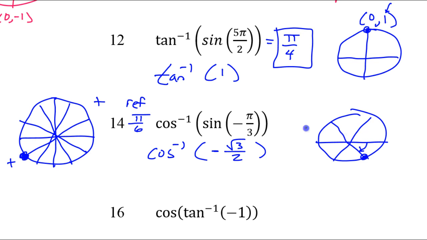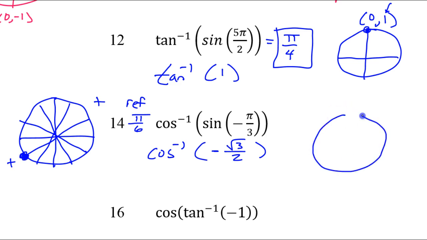So I'm going to just draw another diagram real quick. If the reference angle is pi over 6, that's why I'm going to draw some pi over 6's real quick. Okay.